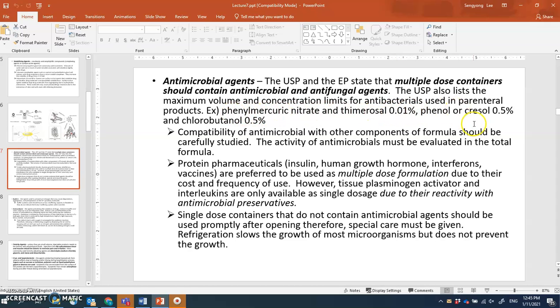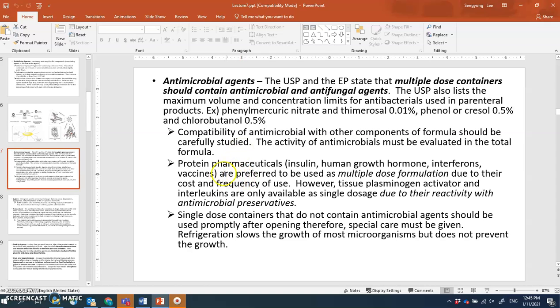Or phenol or cresol up to like 0.5%. And chlorobutanol 0.5% is a well-known antimicrobial formulation component. But when they are added to your formulation, they should not interact with other formulation components. That's important. So they should be carefully tested.